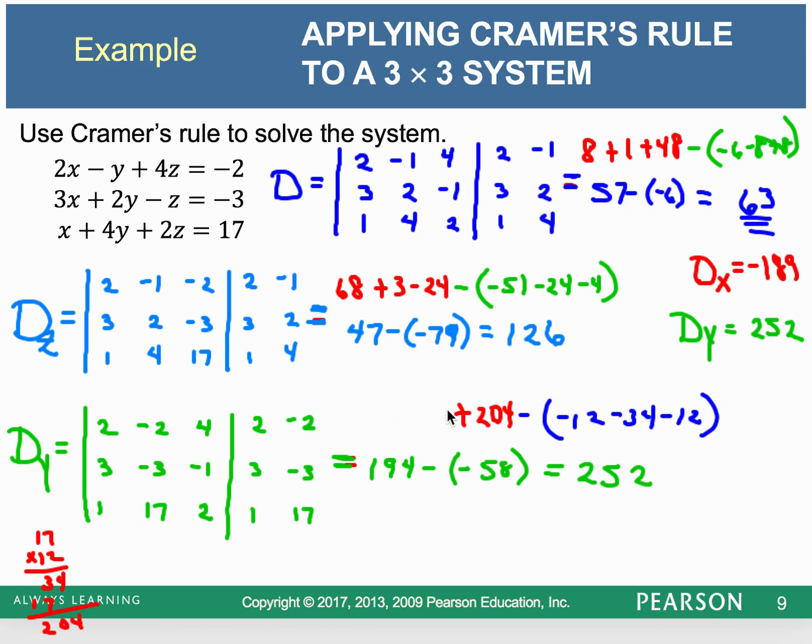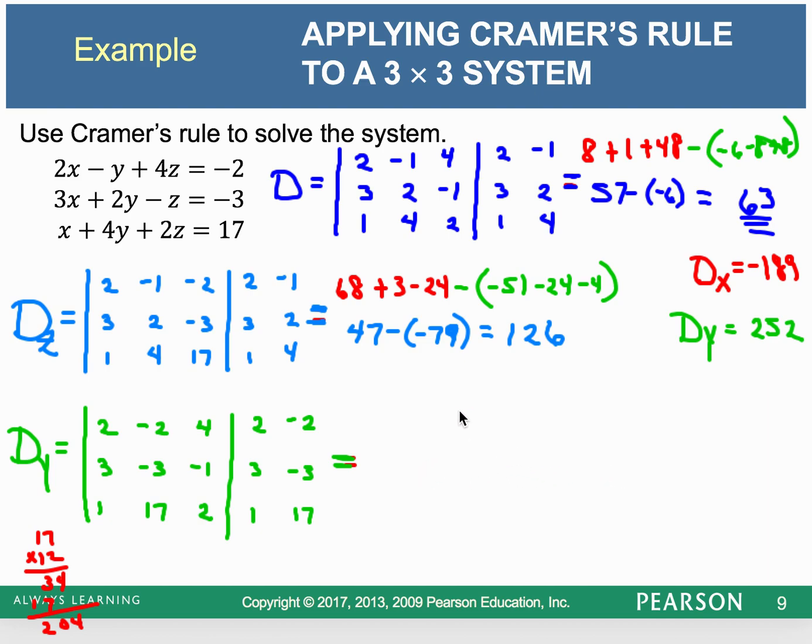Okay, so now we can find our answers. Because we also have found out that d sub z is 126. So that means that x equals negative 189 over 63, which, look at that, is negative 3.